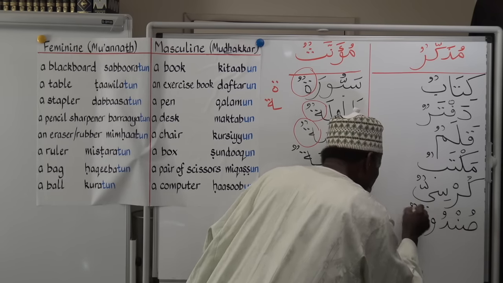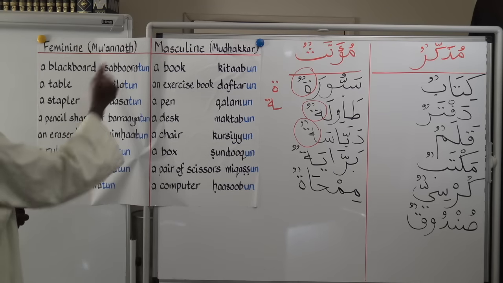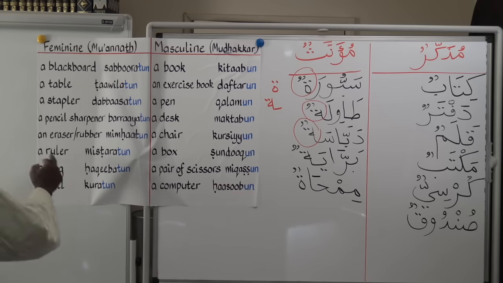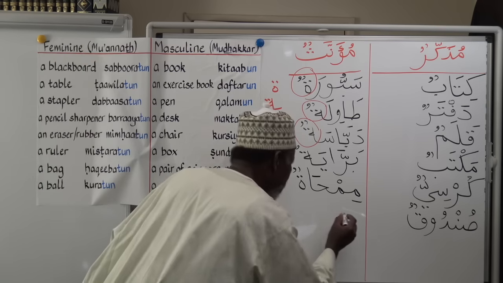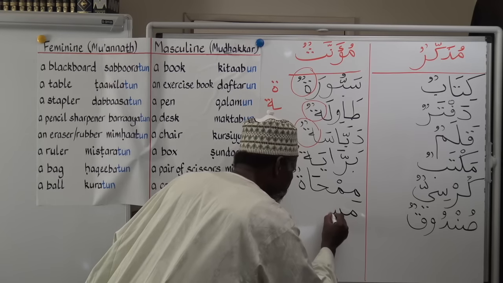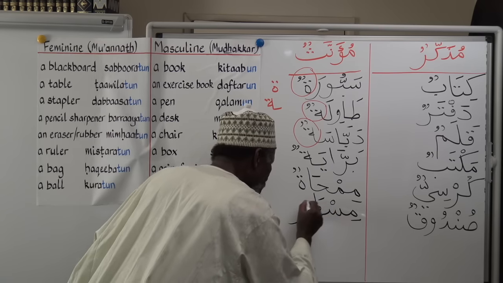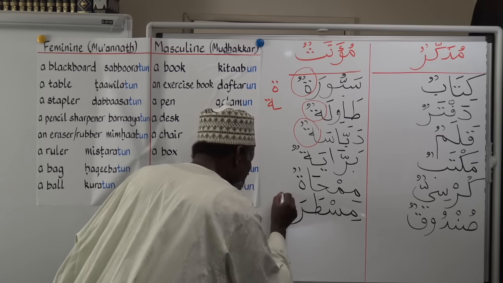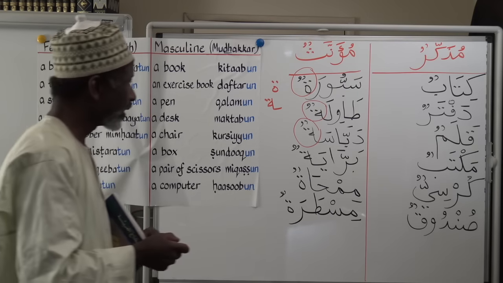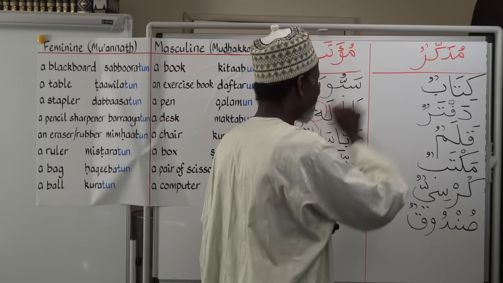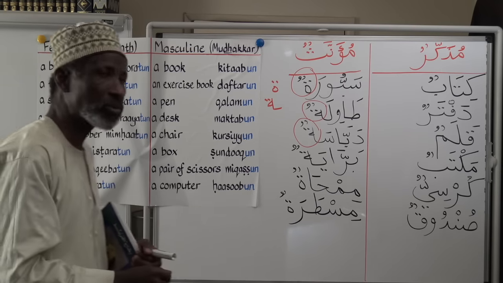Let's look at the next under the muannath, a ruler. Mistaratun. A ruler.